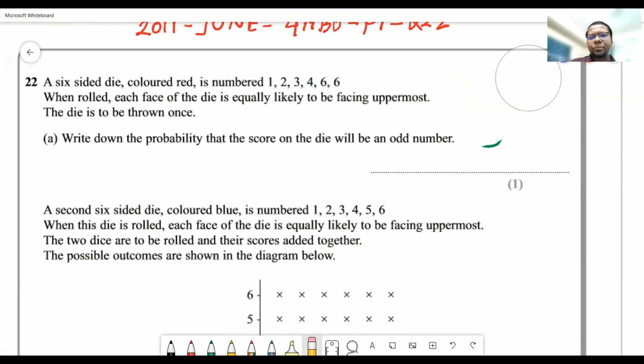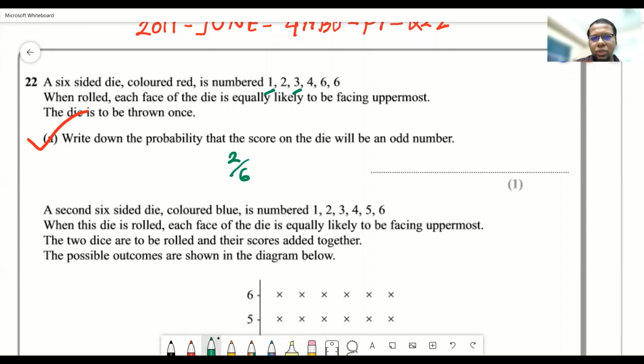Okay, now let's look at the first question. Write down the probability that the score on the die will be an odd number. So how many odd numbers are there? We can see that there are 2 odd numbers, 1 and 3. So when we roll it, the probability that the score on the die will be an odd number will be 2 by 6.